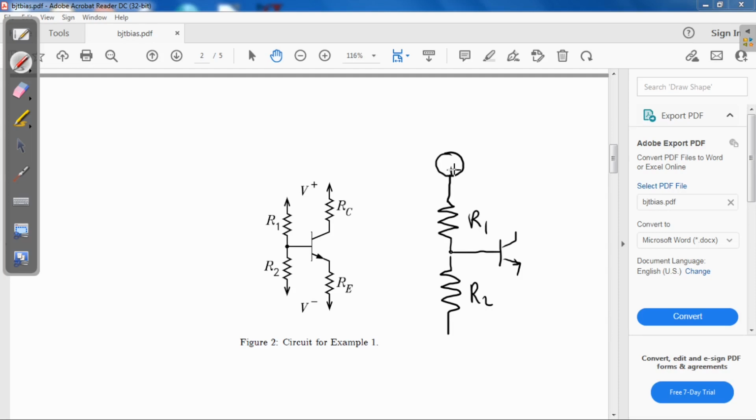So plus, minus, so that's V plus. And let's connect that to ground. Same thing on the side. So let's put a plus, minus, so that's V minus, which could be positive, by the way. And connect that to ground. So those two grounds are connected.